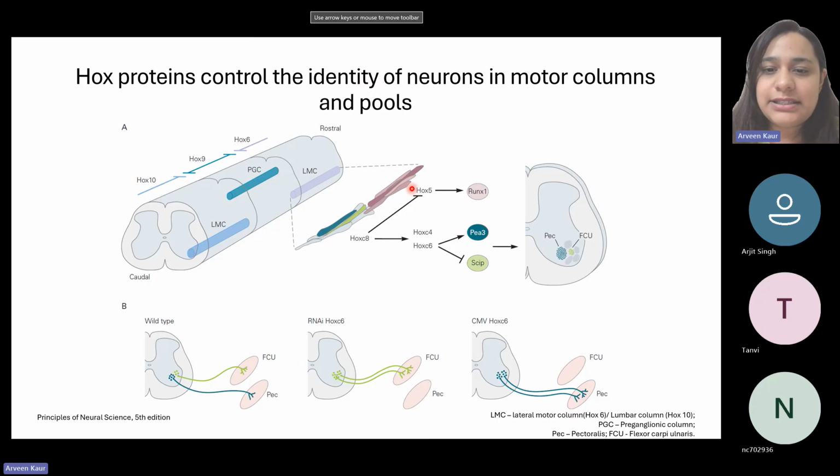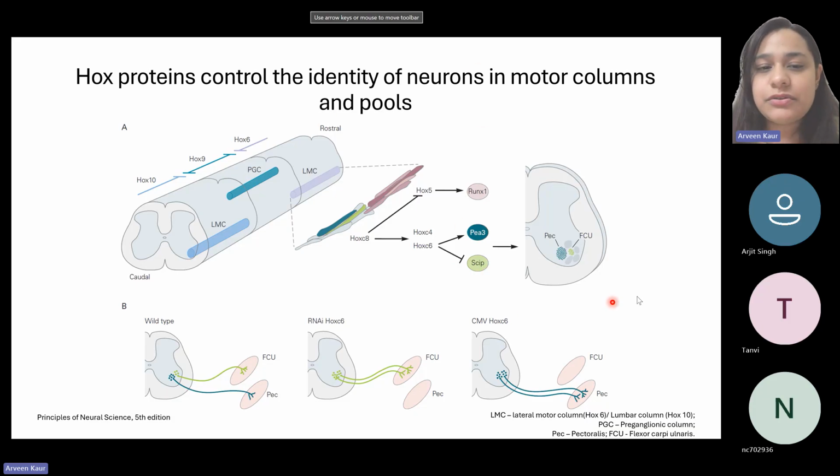Over here you can see that they are color coded also. Even in this LMC region, again, there is a differentiation between what kind of Hox genes are active, and based on that, which subtypes or transcription factors it is further going to activate.